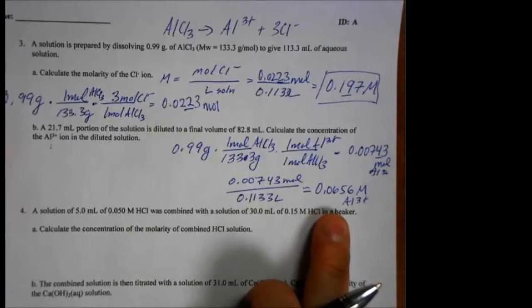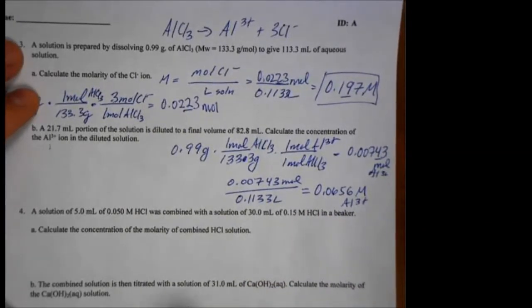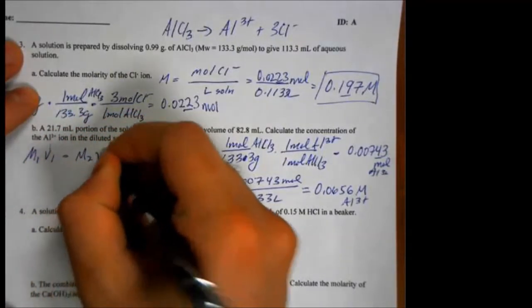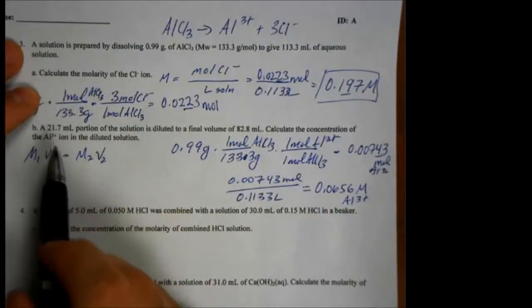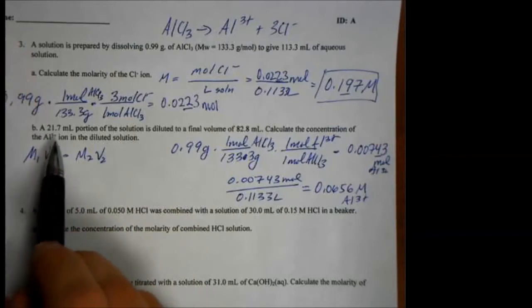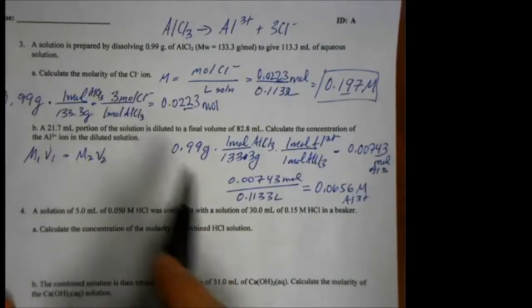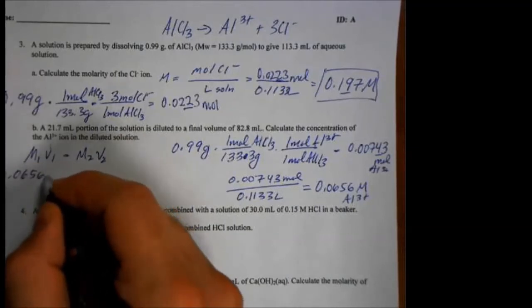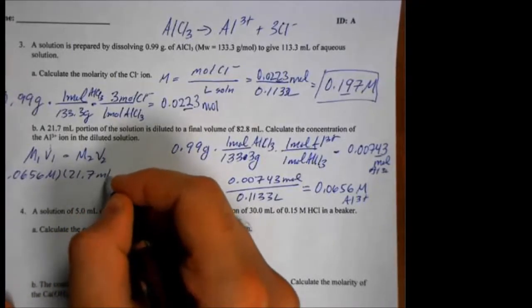Okay, so once you have this, then you can set up a simple dilution calculation. If you remember with dilutions, the key equation is M1V1 equals M2V2. So using your initial concentration, we can go through here and pick out the different variables. We're taking a 21.7 mL portion of the solution. So that's this solution up here, which is 0.0656 molar, and we're taking 21.7 mLs of that.